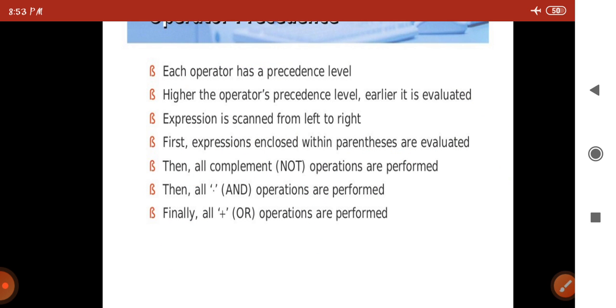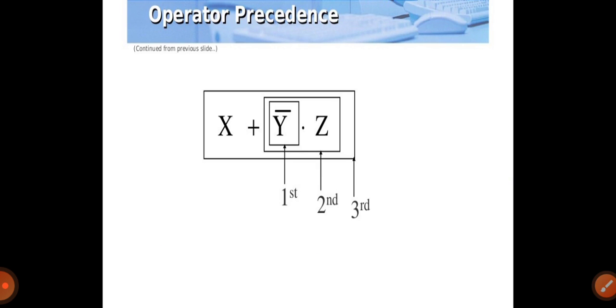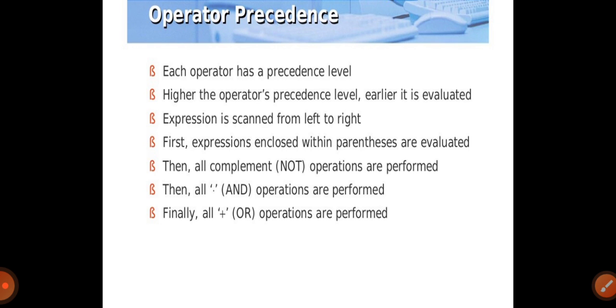The operation follows in this way. Operator precedence: higher precedence is evaluated first. For example, in the BODMAS rule, bracket is the first one, then of, division, multiplication, then addition, and then you subtract. We have to read it the same way.